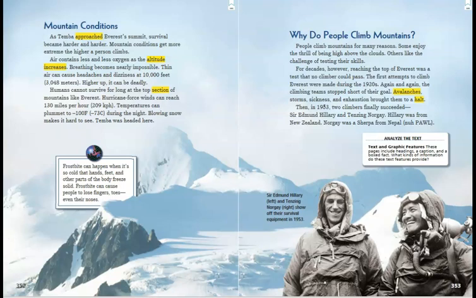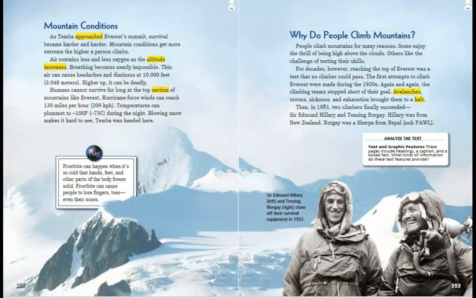Would you want to go somewhere where the winds can blow up to 130 miles per hour and the temperatures can get to negative 100 degrees? Oh my goodness. I sure wouldn't.